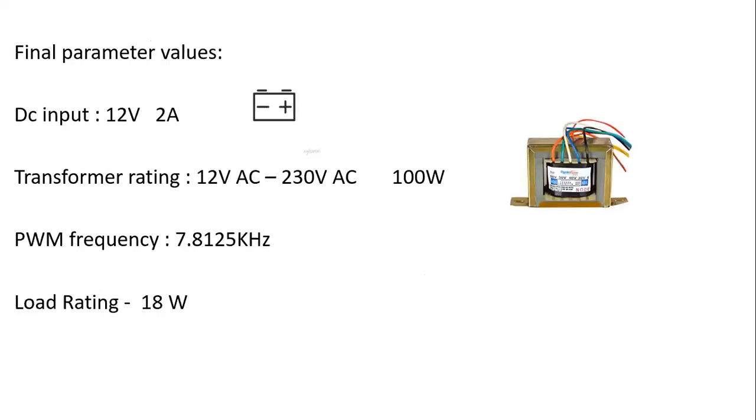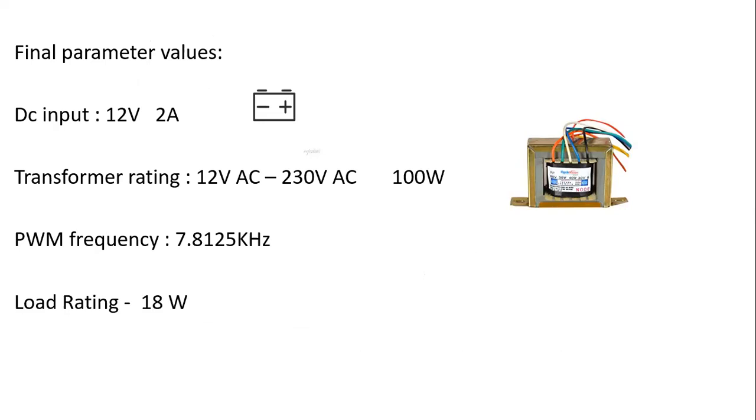In the next slide, we can see the final parameter values which we have supplied. In the DC input, we have given 12 volt, 2 ampere. Therefore, the input power will be 24 watt. We have considered the transformer rating to be 12 volt AC to 230 volt AC, and 100 watt should be its power rating.